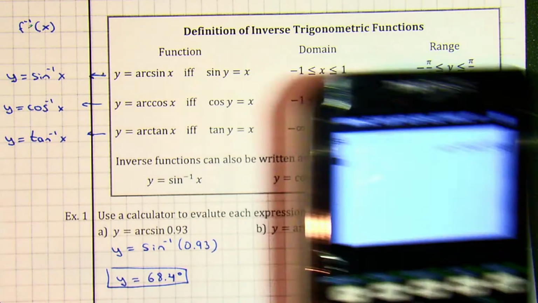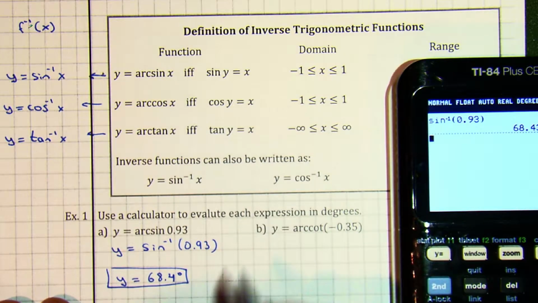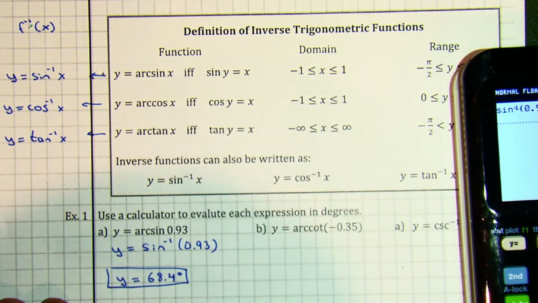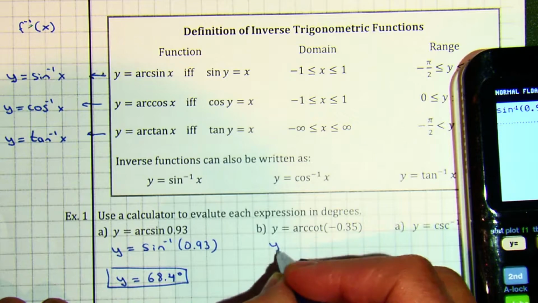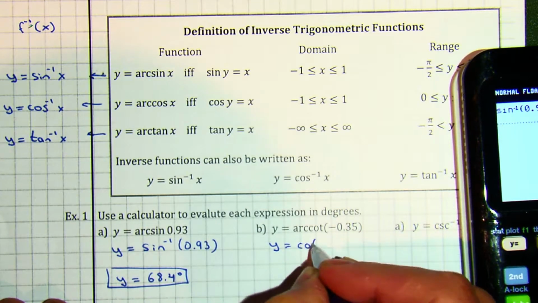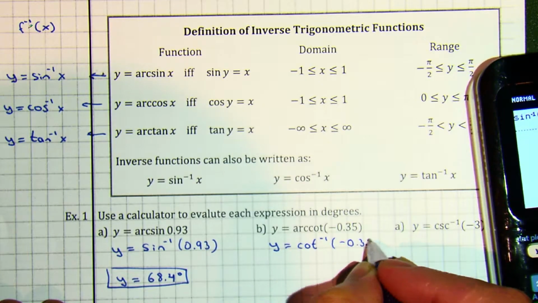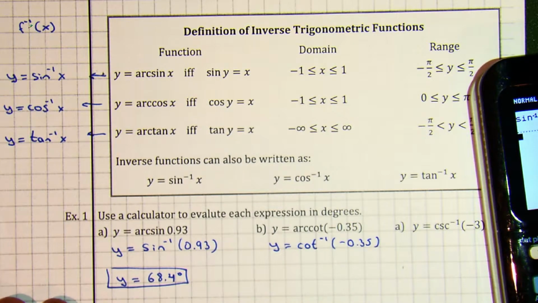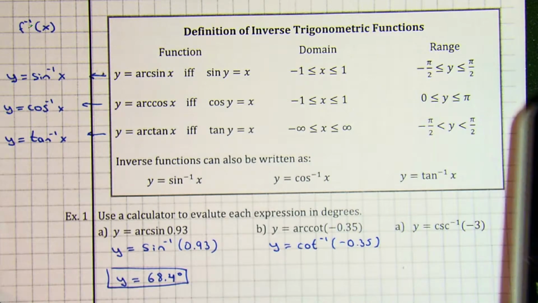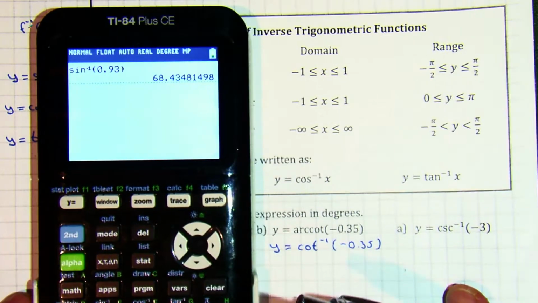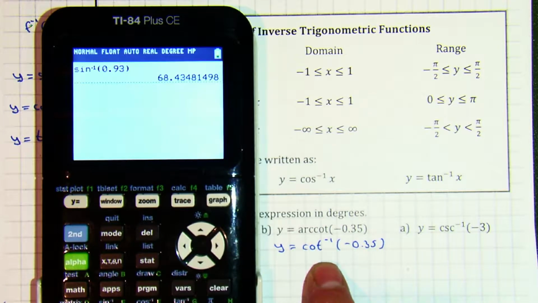For letter B, we can rewrite it using the inverse notation instead, called tangent. We know that they're the same, negative 0.35. And do you remember how to type that into the calculator? Because we have tangent inverse, but we do not have cotangent.